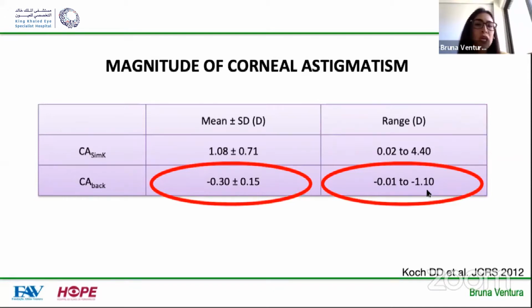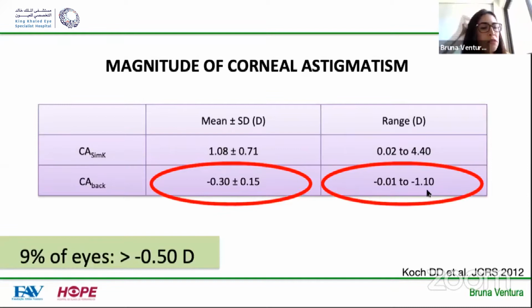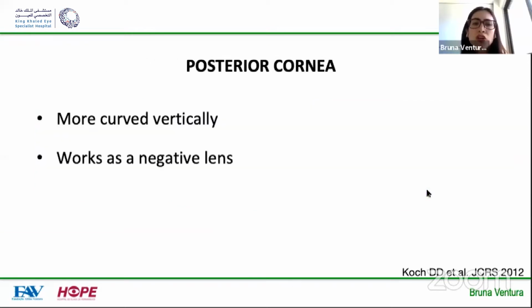So we can't just forget this parameter of the back of the cornea either. 9% of the eyes that they tested had more than half a diopter of posterior corneal astigmatism, also showing how important this factor is in our calculation. The posterior cornea is more curved vertically. It works as a negative lens.